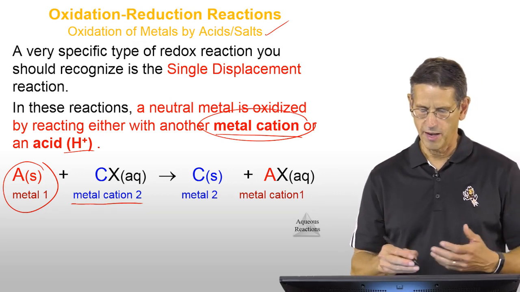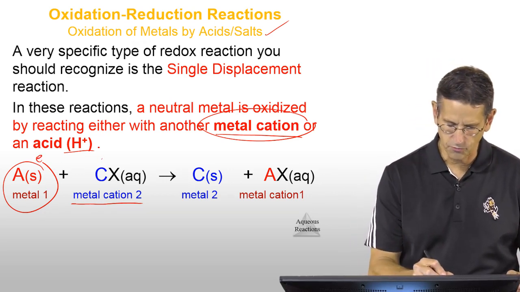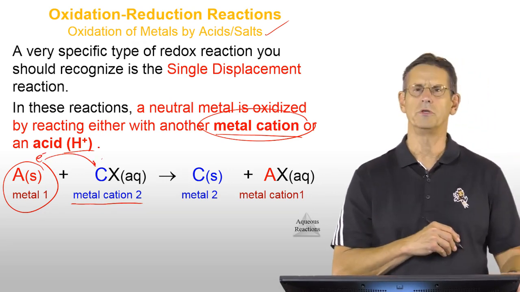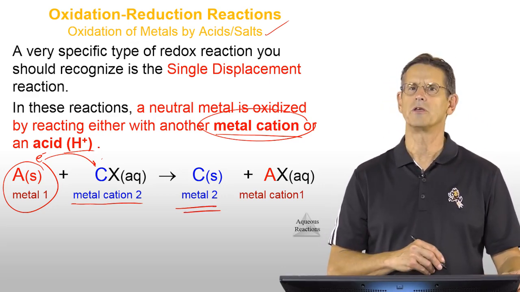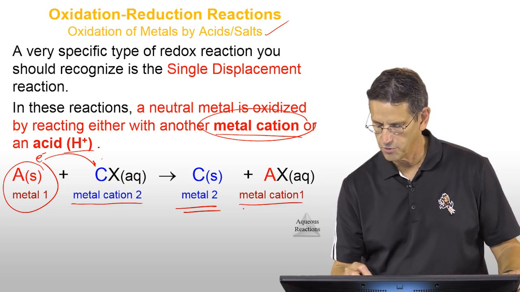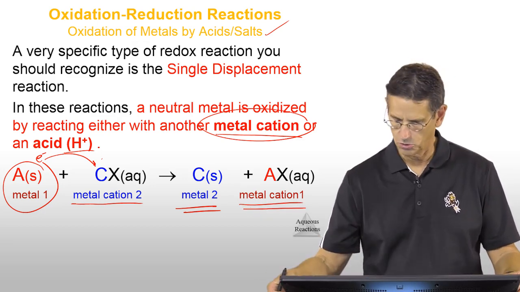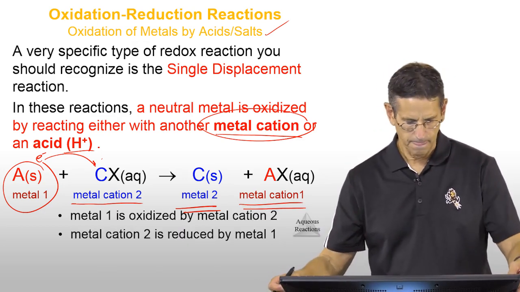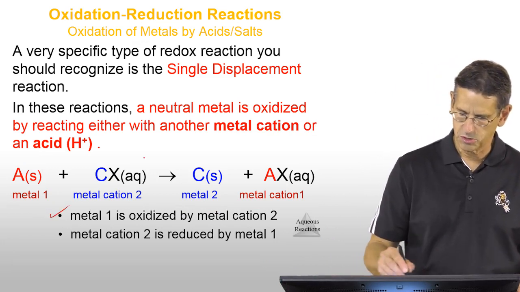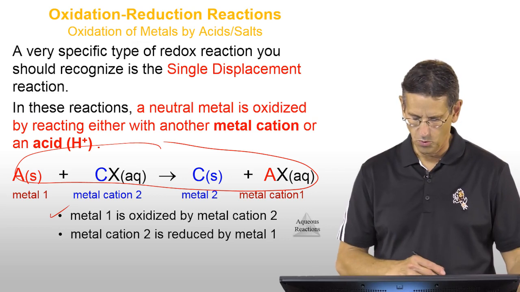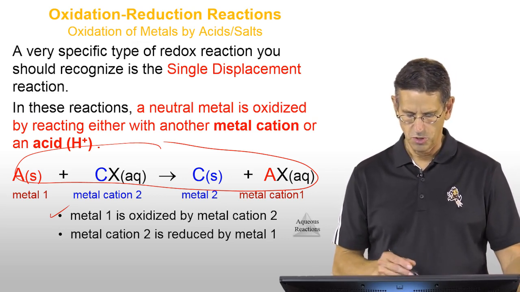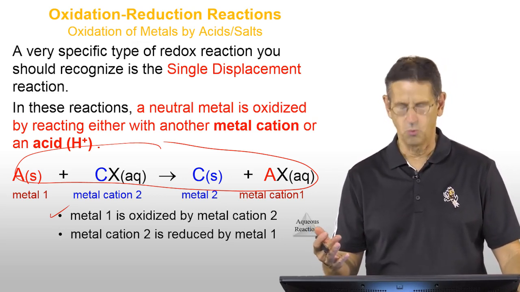And essentially, all that happens is the electrons from one metal are transferred to the metal cation. And now you've got metal 2 as a free element and the first metal as a cation. So let's look at some examples. Okay? So we say metal 1, in this example, metal 1 is being oxidized by metal 2, and metal 2 is being reduced by metal 1.